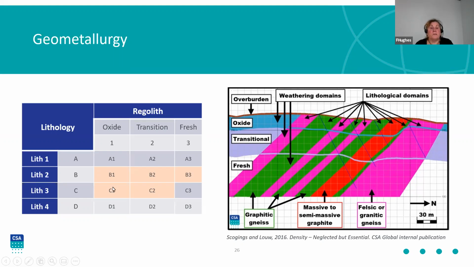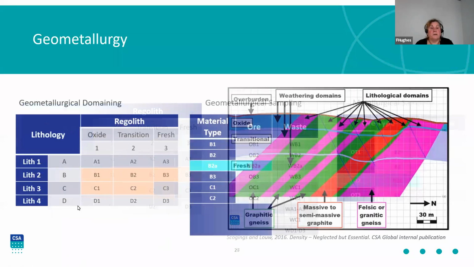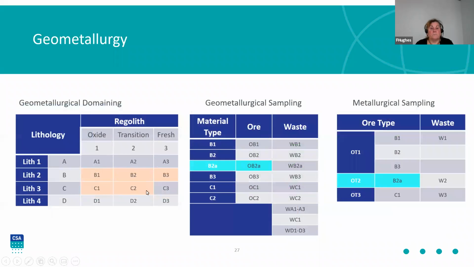So what we've done here is we have assumed that in lithology 2, whatever it is, we have ore in oxide, transition and fresh, but in lith 3, we only have ore in oxide and transition. So moving forward, the geomet domain is what we call the material types.